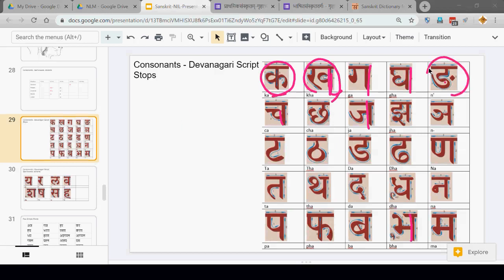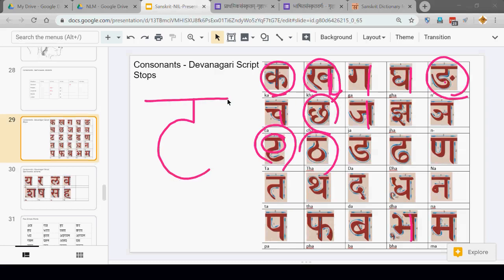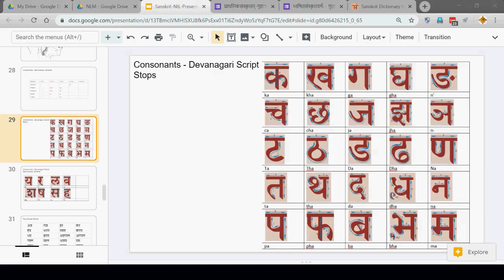But what about some like nga, this one nga, or cha, or ta, tha? They don't have vertical lines, right? They have a short stem, a short part there at the top to hold them to the line above, right? So these are two different things you can notice here. Some of the letters when writing here, they have the vertical line, and some of them have just a short stem at the top, t or t, d.